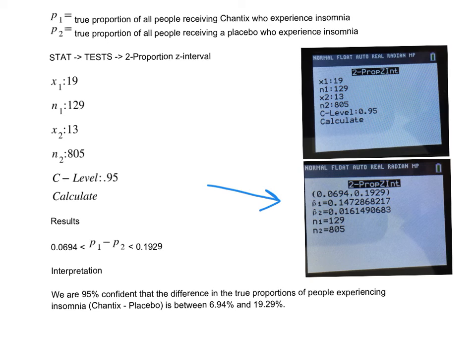And the interpretation of that interpretation is that we are confident that a greater proportion of people who take Chantix experience insomnia than those who took the placebo, given that that interval is completely above zero, and zero is not contained in that interval.